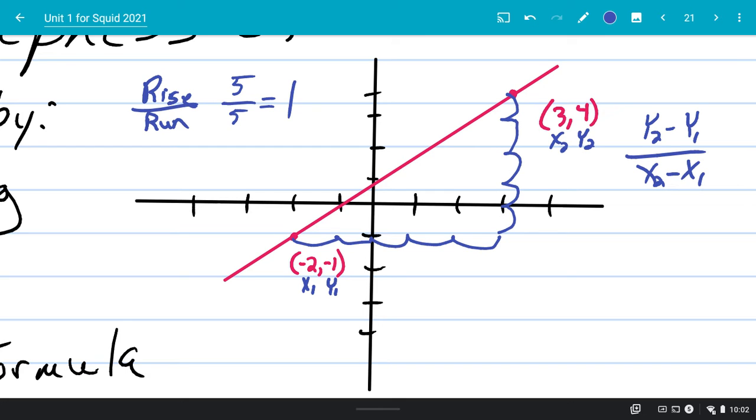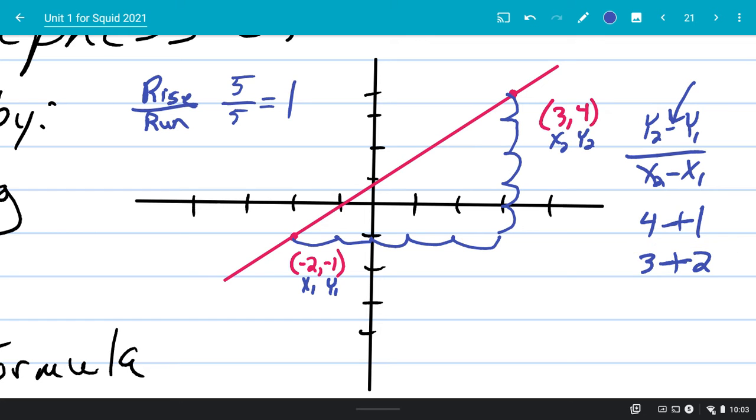So if I plug it in, 4 minus, now notice that minus is that minus right there. What do I need to minus? y1, which is a negative 1. Notice there's 2 negatives there, right? I'll fix that in a minute. And then x2 is 3 minus x1. x1 is a negative 2. What happens when you minus a negative? You actually add it, right?